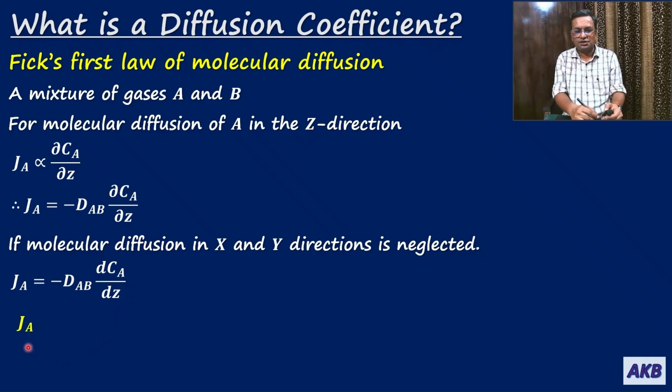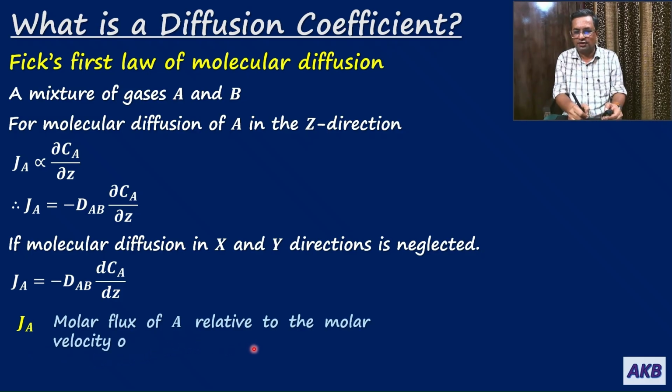Now in this equation, JA is the molar flux of A relative to the molar velocity of B. I have discussed it in detail in my discussion on Fick's first law of molecular diffusion. Please watch that video.